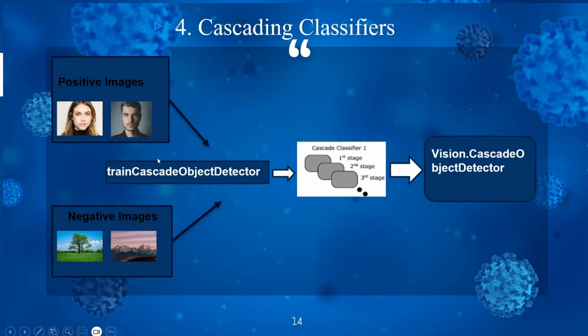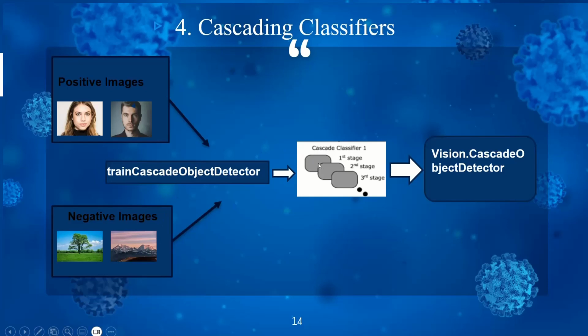The fourth feature, which is the cascading classifier, differentiates the positive as well as negative images. The positive images are those which have faces, and the negative images are those which are other than the faces.